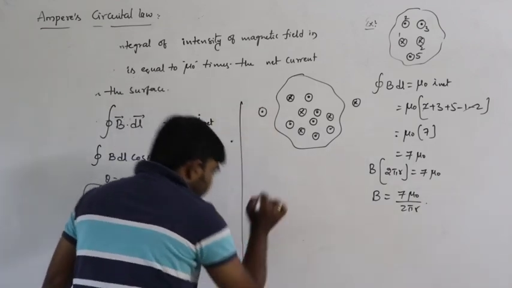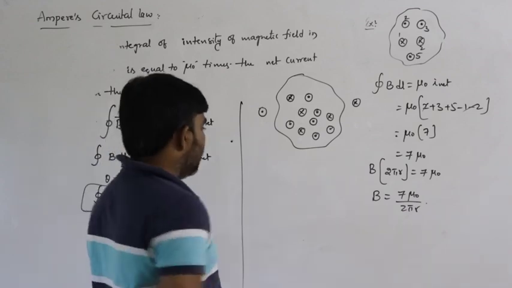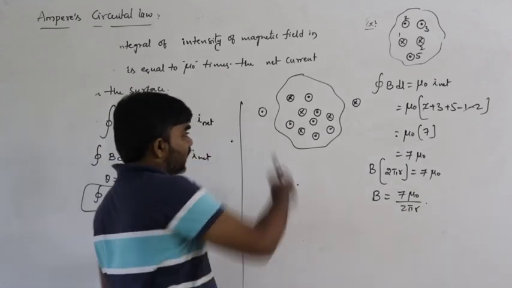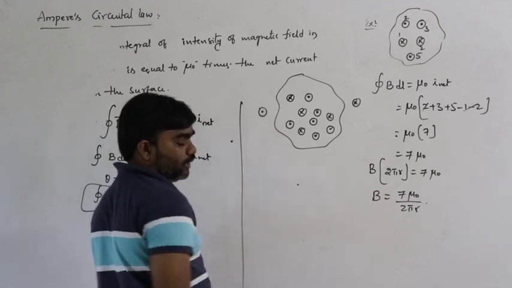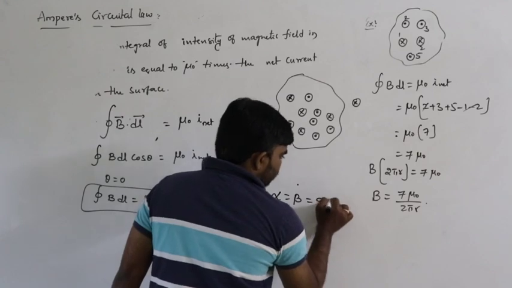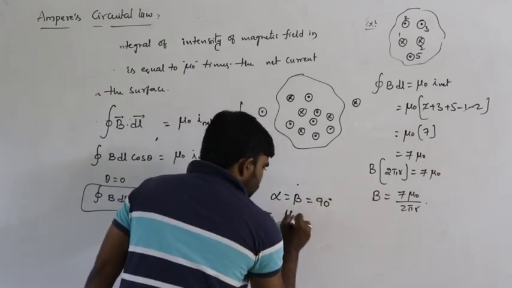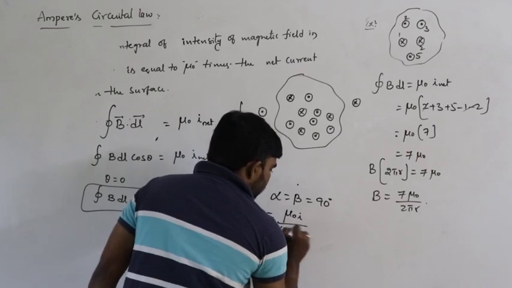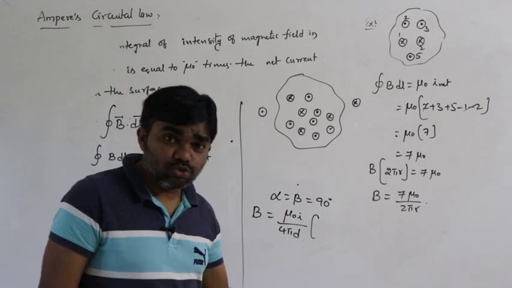If the infinite current carrying conductor, at the middle point, not at the extreme ends, at the middle point, alpha is equal to beta is equal to 90 degrees, we have to consider. In this situation B is equal to mu naught I by 4 pi d into sin alpha plus sin beta, sin 90 plus sin 90, 2.